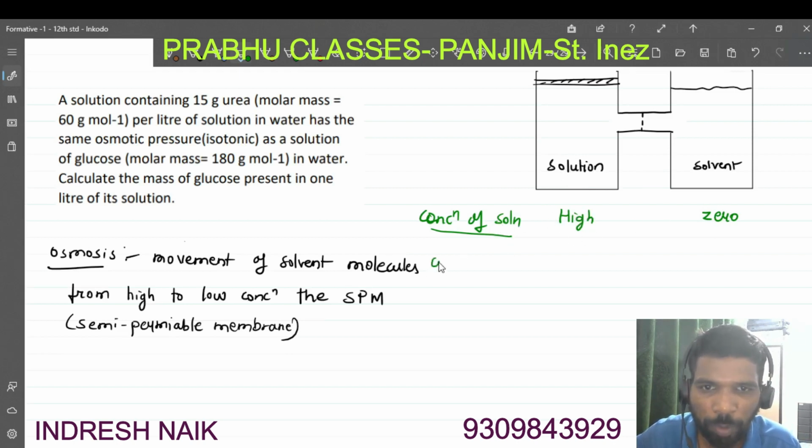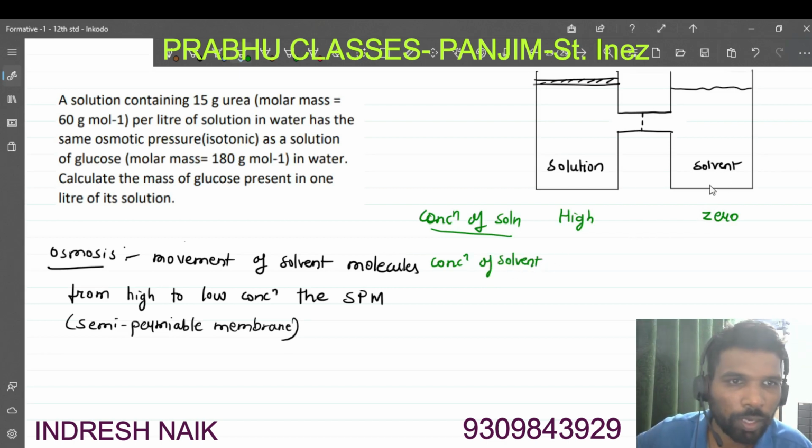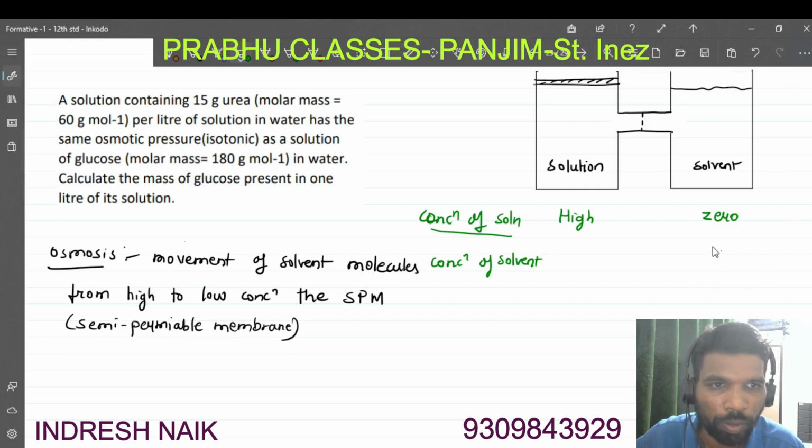But if I ask the same question about the concentration of the solvent, here the concentration of the solvent is more, and here it is less. Why?